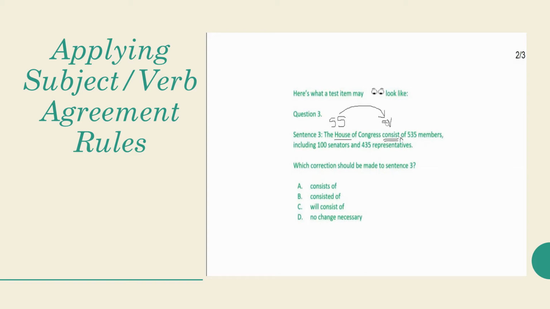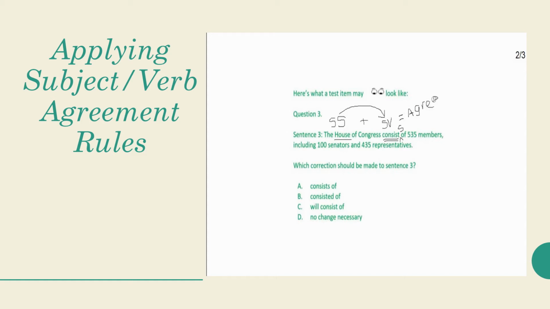So therefore, we need to write an S at the end of the word consist, make it consists, in order for our subject and verb to agree. And I'm going to write the word agree here.